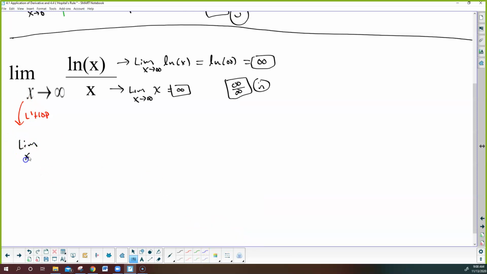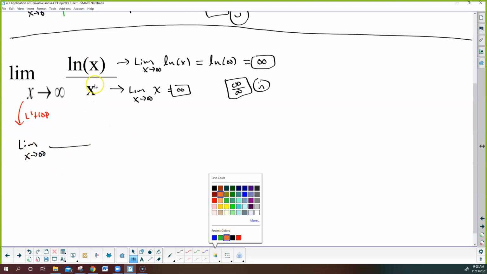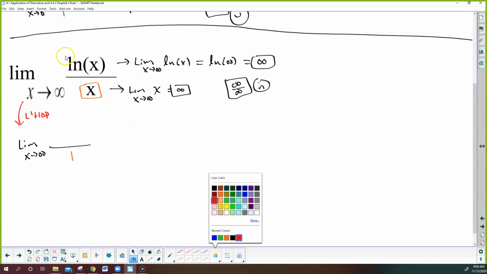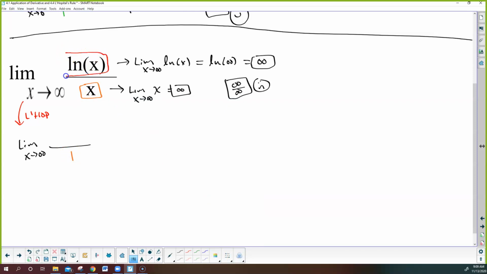So I'm going to take the derivative of the top over the derivative of the bottom. Now I'm going to do this first. If I take the derivative of the bottom, that's just 1. If I take the derivative of the top, the derivative of ln of x is 1 over x. But look, I have a fraction over a fraction. We don't really like that. So let's think of it this way. The 1 is going to stay in the numerator. The divide by x is going to go down here.